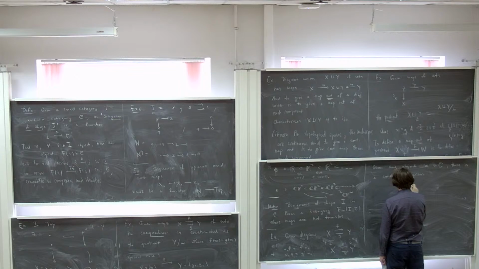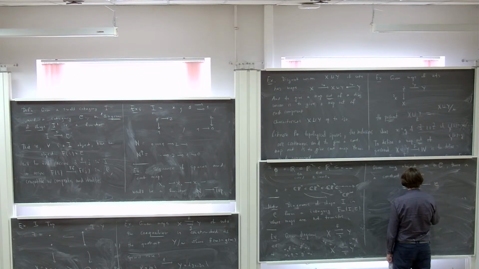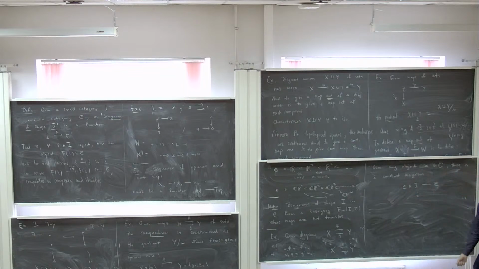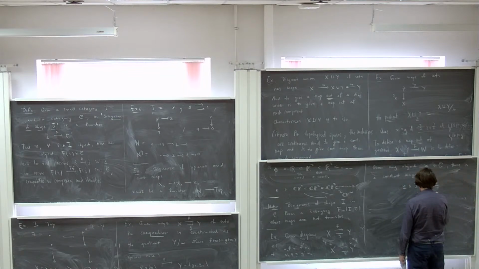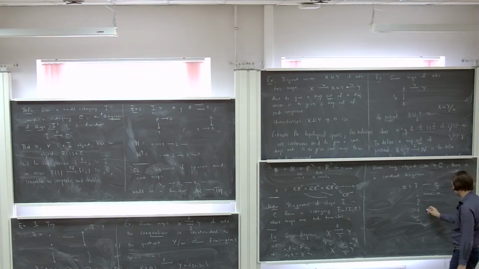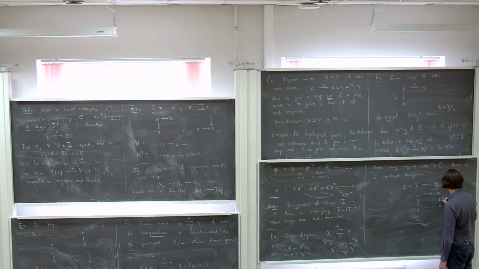I'll write it as x underline. It sends every object in I to the same object, x. And it sends every arrow in I to the same map, namely the identity map. Okay, so it's a very stupid looking diagram. You just collapse everything to a single point in the category C.